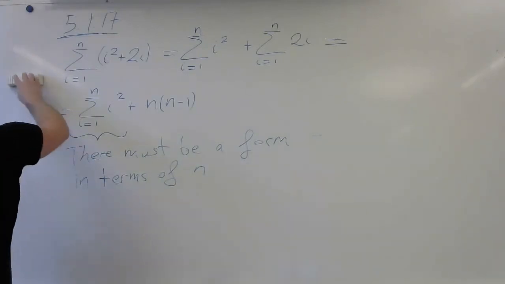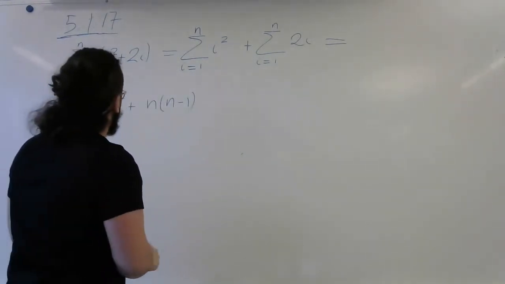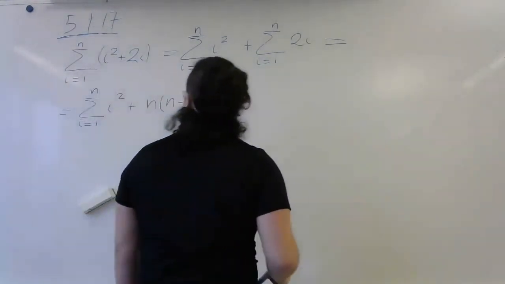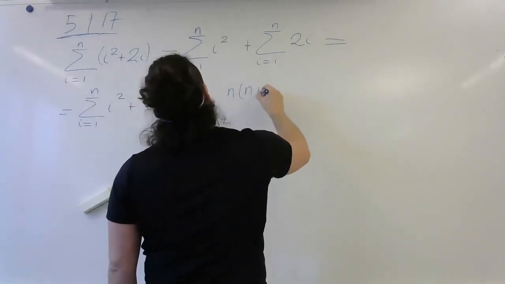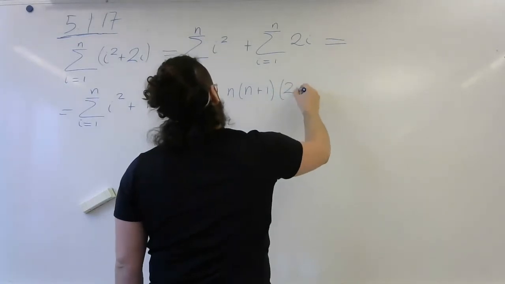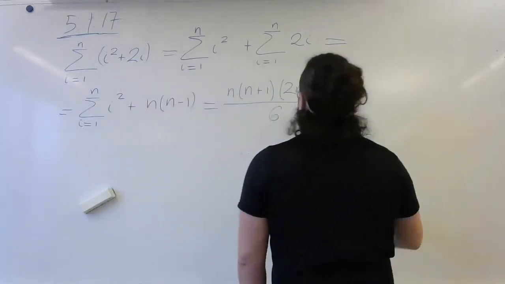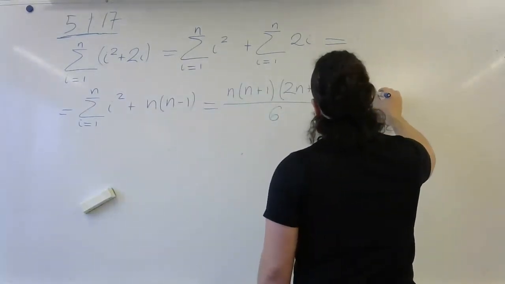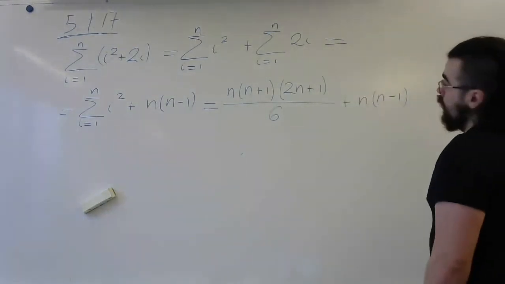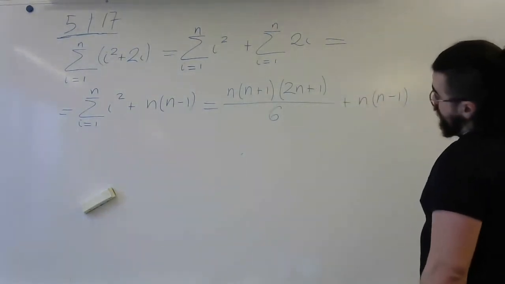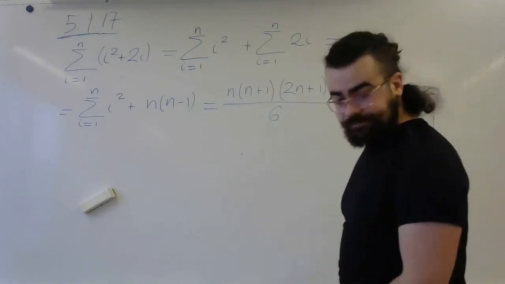Oh, you absolutely did. So the answer to this thing is yes. This sum here is n times n plus 1 times 2n plus 1 over 6. And there we go.